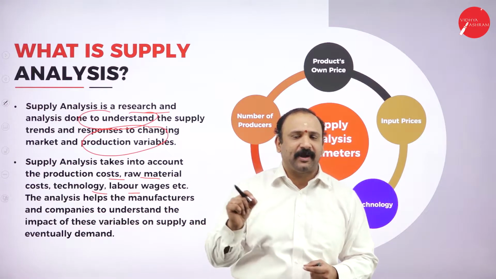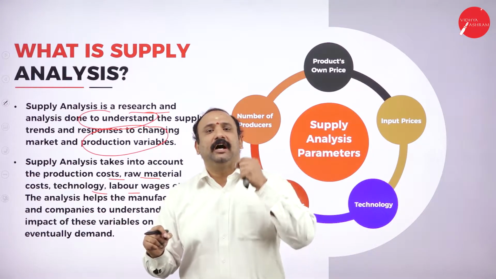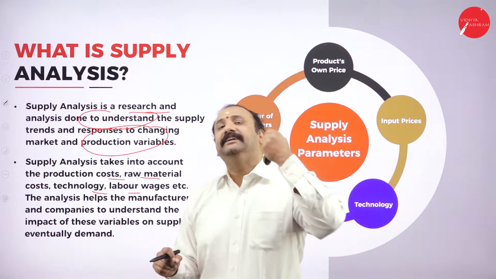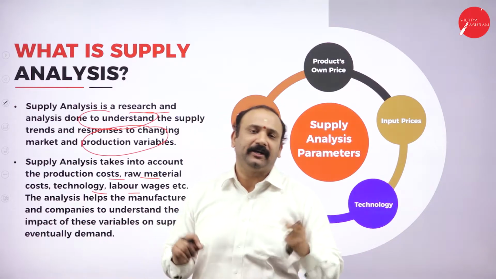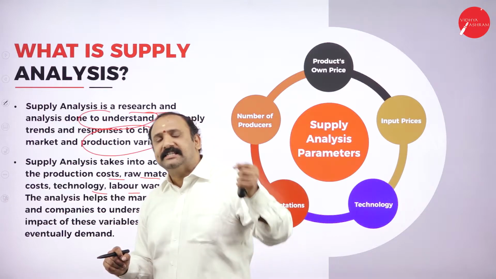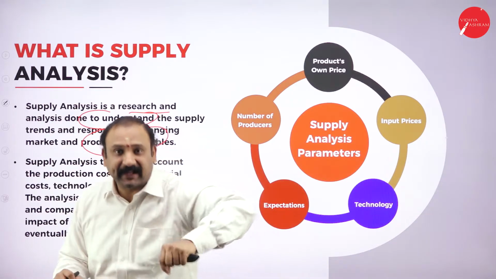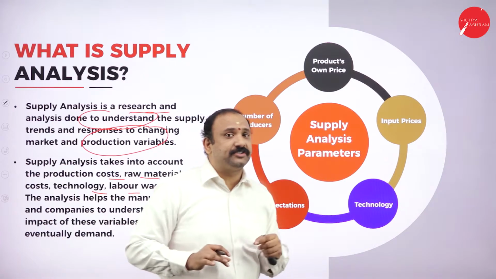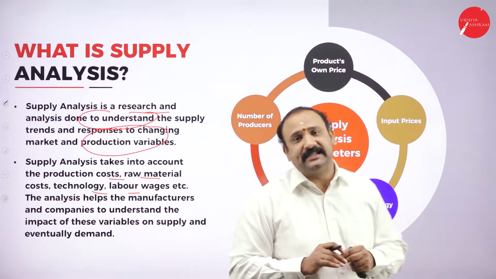And India has tried to make itself a supplier to the world in terms of the needs and the demand altogether. Why is this shift happening and why is it important? That's what we need to understand when we come to supply analysis.